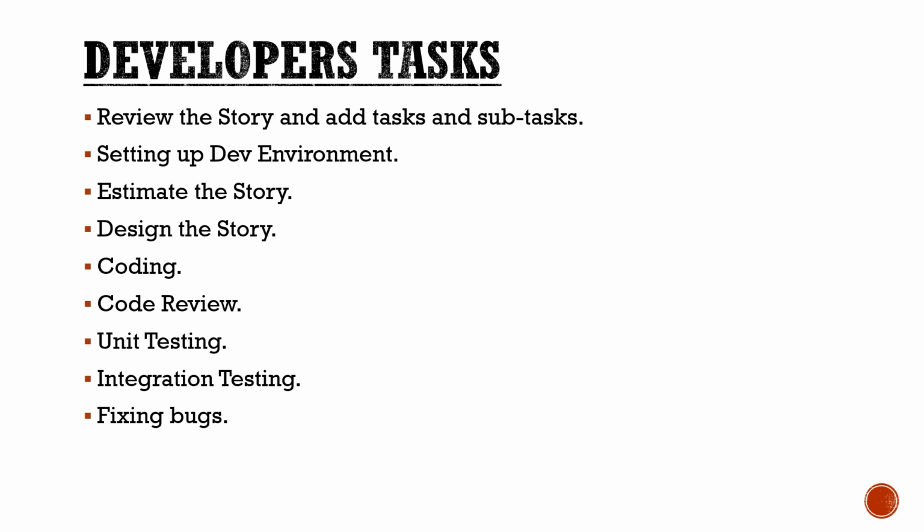When we have a sign on page, that is a separate module. Then we integrate sign on with different features and modules of the software, like the financial module, HR module, everything. All these modules are integrated and tested. And fixing bugs: if the testing team raises any bugs, those bugs will be fixed by the development team.